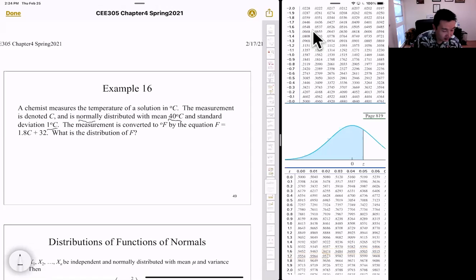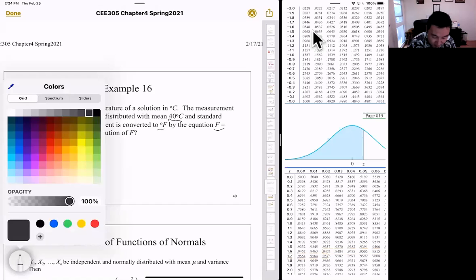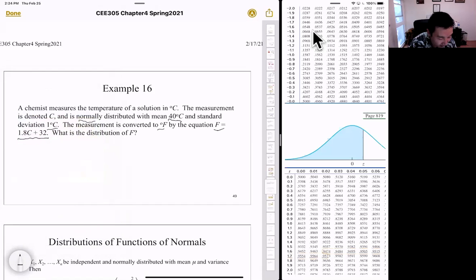If we convert degrees Celsius to Fahrenheit, we use this equation: Fahrenheit is equal to 1.8 C plus 32. What is the distribution of F? That's a linear function of a normal distribution, because C is normally distributed and F is a linear function of C. So both C and F are normally distributed.